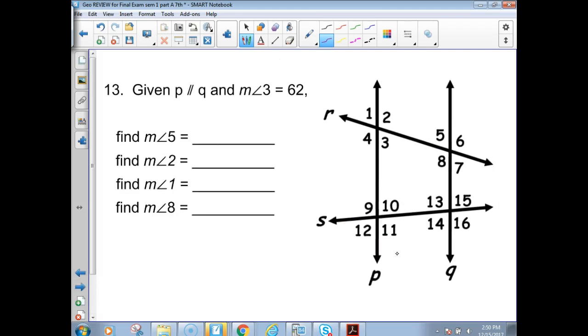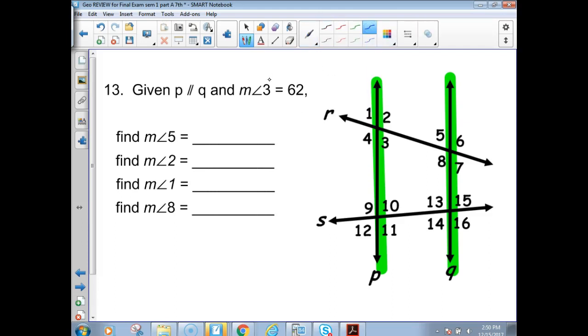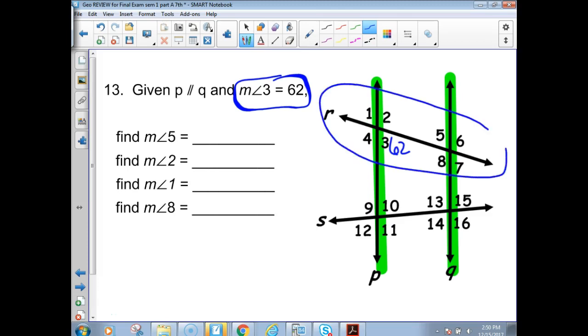Okay, number 13. Given that P is parallel to Q, line P parallel to line Q, that's here and here. What we need to pay attention to is which lines are actually involved. If the measure of angle 3 is 62, I can fill in 62 on the picture there. But what angles does that affect? It only affects the ones along the transversal R, not any of the ones down here.